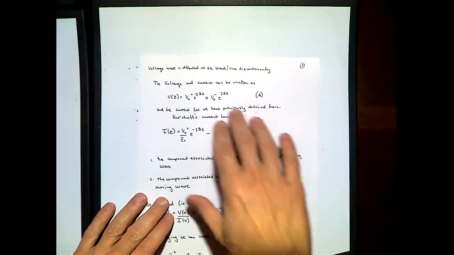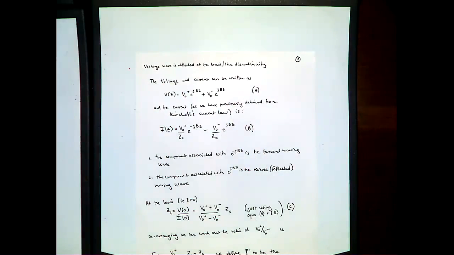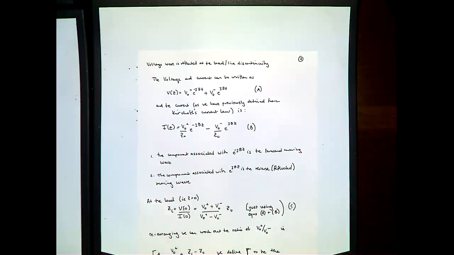We said that the voltage wave, so we launch a voltage wave onto this transmission line, and at the load line reference plane, or where the load is, there's an impedance discontinuity. There's going to be some kind of reflection at that point, because the impedances aren't matched.